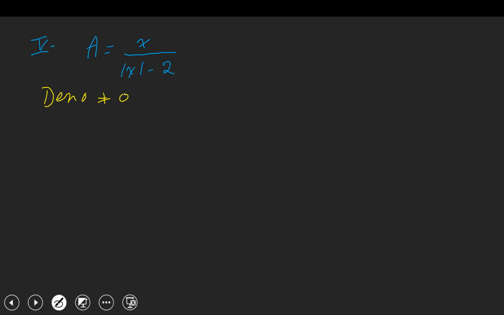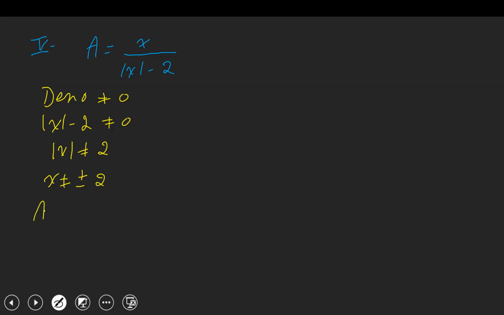So here what is the denominator? It's absolute x minus 2. We put it different from 0. Now we deal with it as we are dealing with the equation. Take 2 to the right hand side. Now to remove the absolute value we have to take 2 cases, which are either plus or minus.